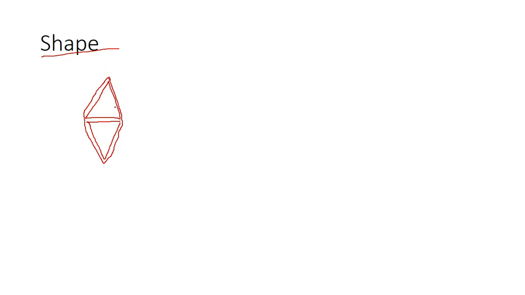So this is the shape of a convex lens. From the center these lenses are thick and from the periphery these lenses are thin.